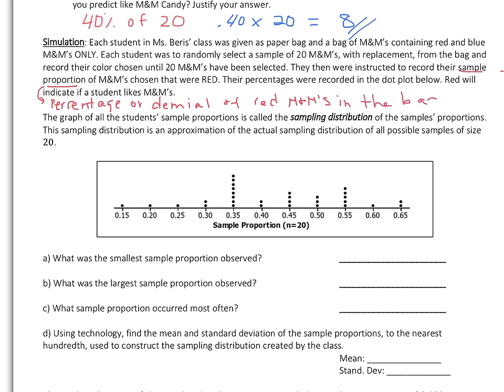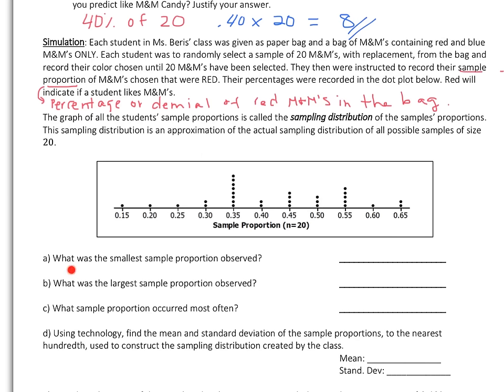All right? So we're going to estimate 40%. That's what our goal is going to be. The graph of all the students' sample proportions is called the sampling distribution of the sample proportions. This sampling distribution is an approximation of the actual sampling distribution of all possible samples of size 20. So here's a dot plot of this information, and let's analyze it.